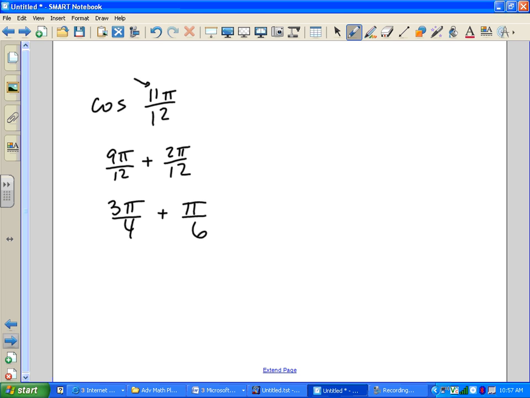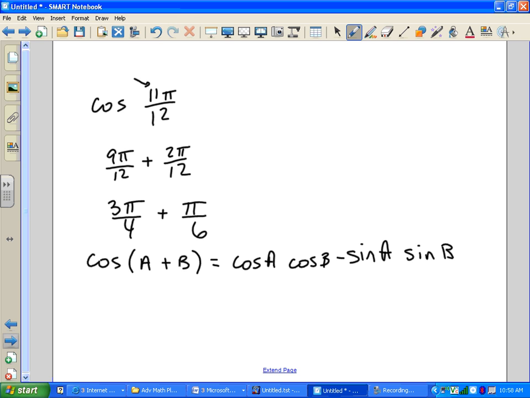So now we can use this. Look at your reference sheet and look at the sum formula for cosine. Cosine of A plus B equals cosine A times cosine B minus sine A times sine B. The ones that we want here, we want A and B to add up to 11 pi over 12.